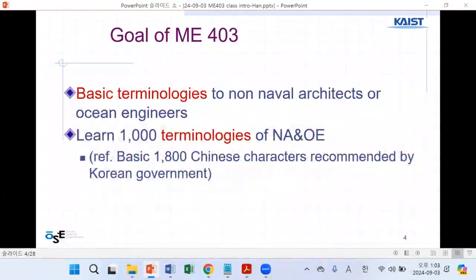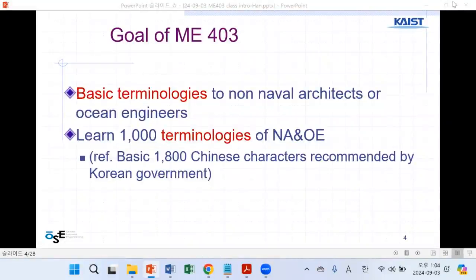Right? So, the goal of the ME: basic terminology to non-naval architects. Probably, I hope you can learn, say, 1,000 terms from this field.